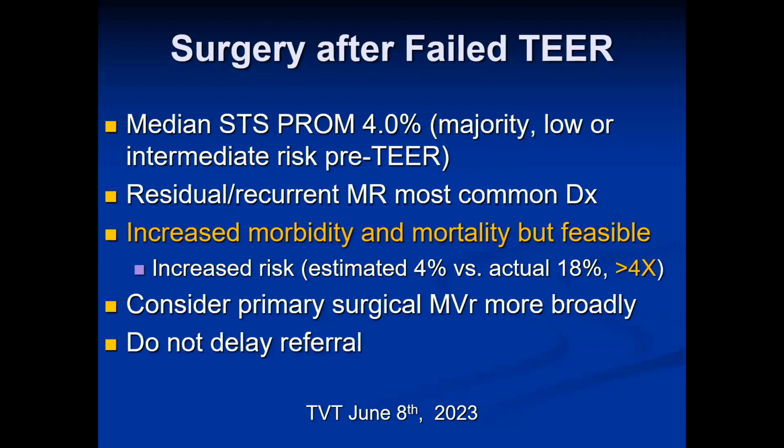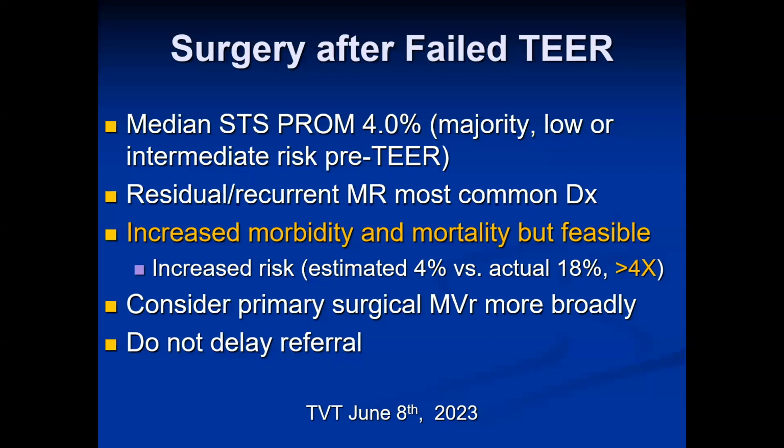So we know that patients that come to surgery, and this was presented at TVT this past summer, the median risk of the patients that come to surgery after failed clip is more of an intermediate category. Maybe we don't operate on the super high risk ones, only 4%, and mostly for either residual recurrent MR or sometimes mitral stenosis.